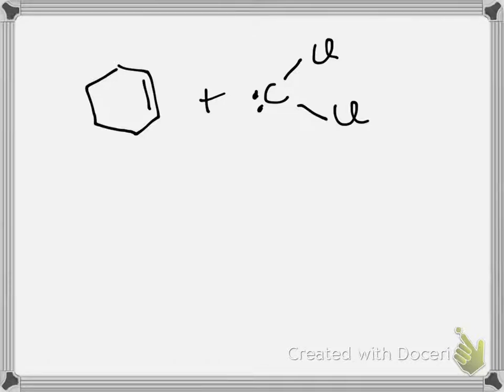The carbene is an interesting species because it can function as both a nucleophile, because of the lone pair of electrons, but also this carbon has only 6 electrons around it, so it lacks an octet.